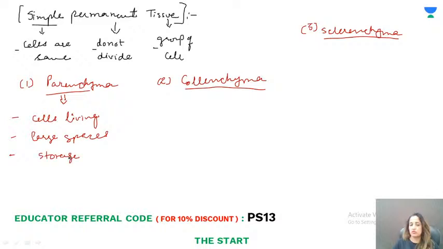And I will explain how these parenchyma tissues look. Collenchyma, on the other hand, and they don't have deposits on the walls.